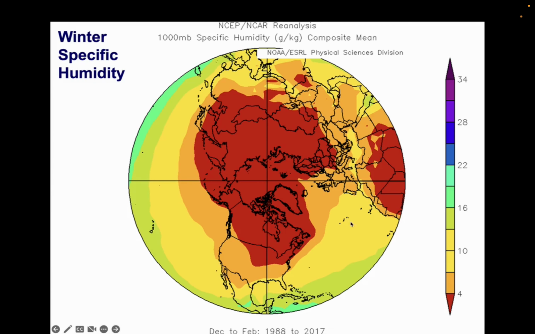That means the specific humidity in large areas of the U.S. and many places in the northern high latitudes of the Northern Hemisphere tends to be much lower.